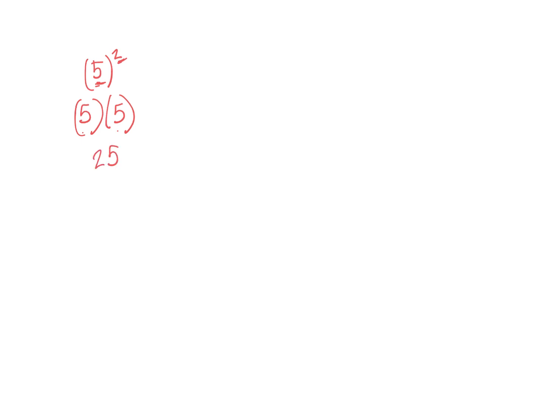So what I want us to look at and think about is if we take that and we move to a polynomial, the same idea holds true. If we see this 3x plus 4 quantity squared, what that means is I have to write this down twice.